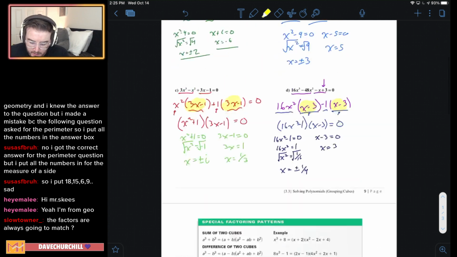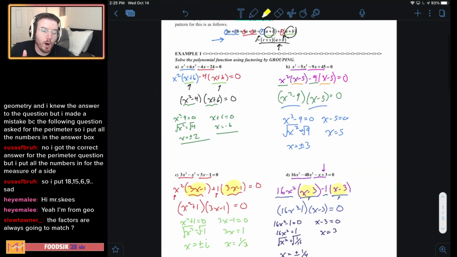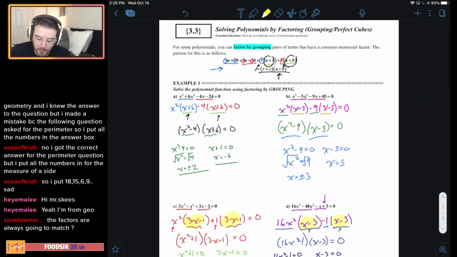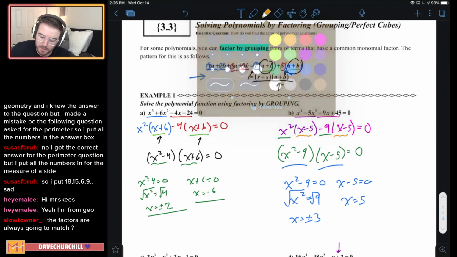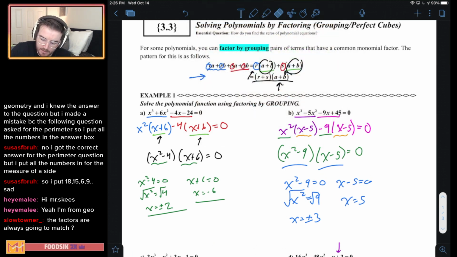So there's grouping, and when and why are we using it? The answer to both of those questions is the same. When do we use it? When we have 4 terms. Why are we choosing to use this? Because we have 4 terms, right? That's new, that's different, that's unique. When there's 3 terms, that's a highlighter.